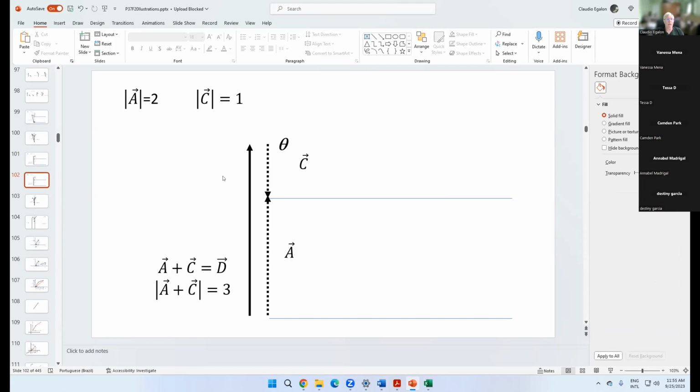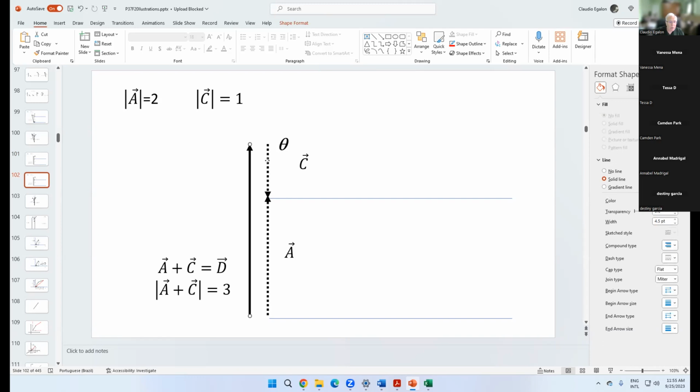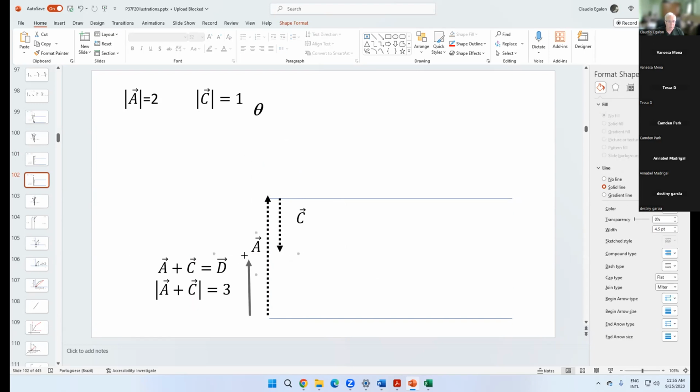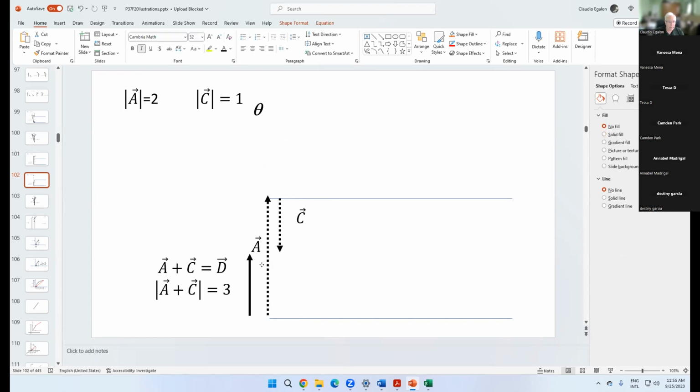We still have magnitude of C equal to 1, magnitude of A equal to 2, but now the resulting vector is going to be something like that.